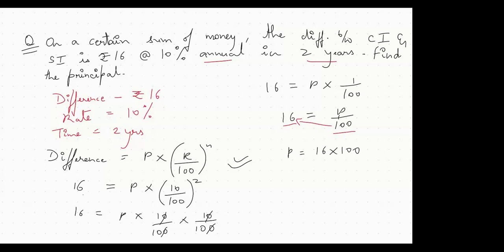P equals to 1600. So that is how we find the value of your principal. Very simple. Just use this formula. This is for annual.